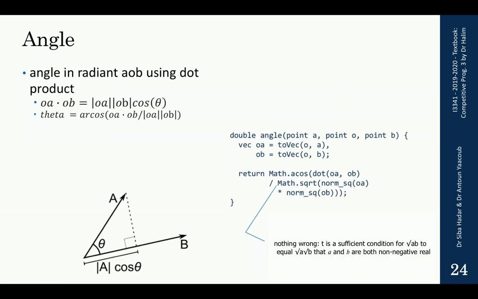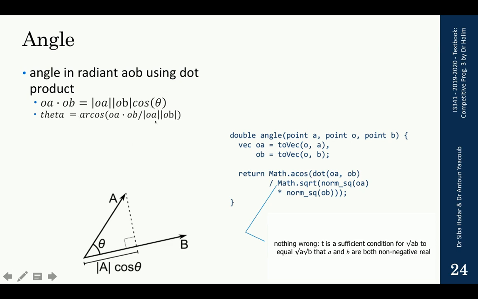Calculate an angle given 3 points A, O, and B. We know that the dot product of the vectors OA and OB is given also by another method. It is, just like defined before, but also it is the scalar length of OA times the scalar length of OB times cosine theta.